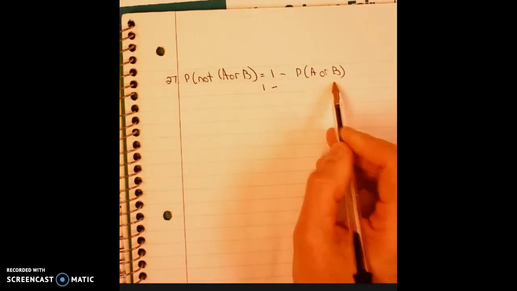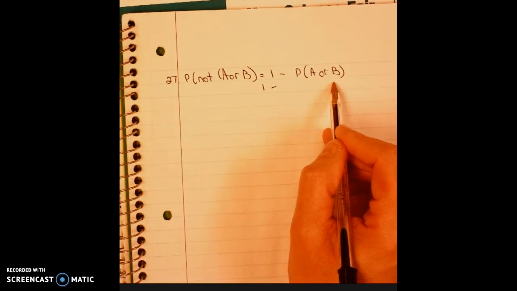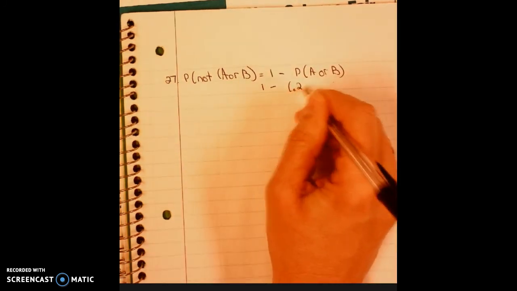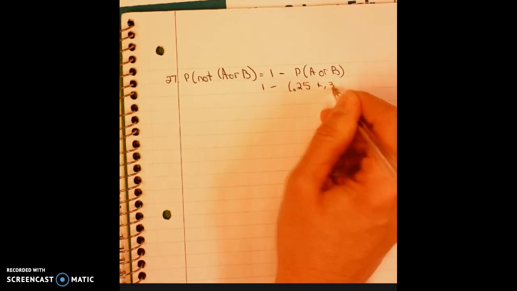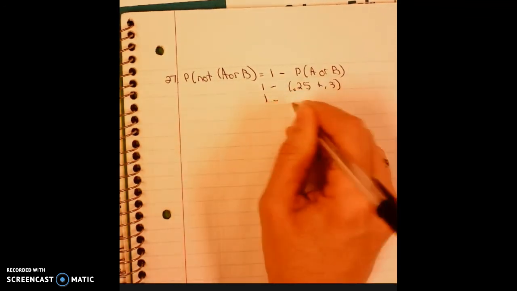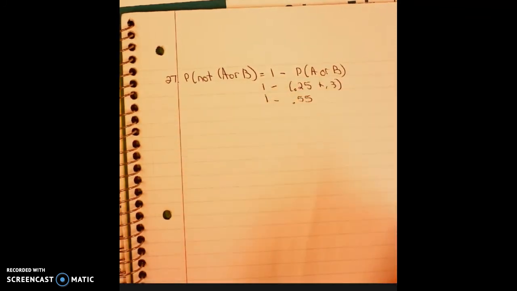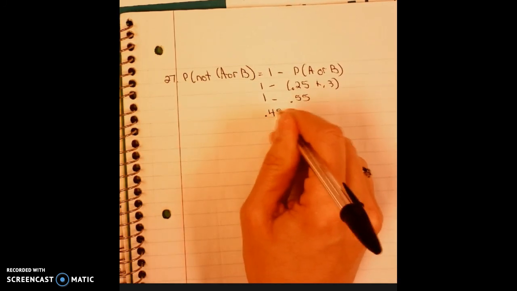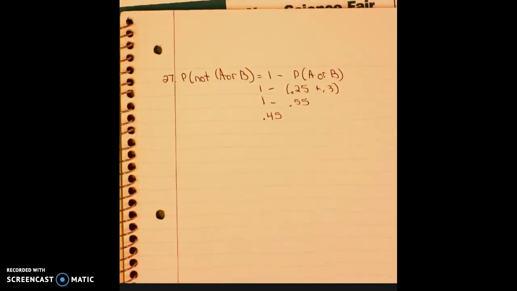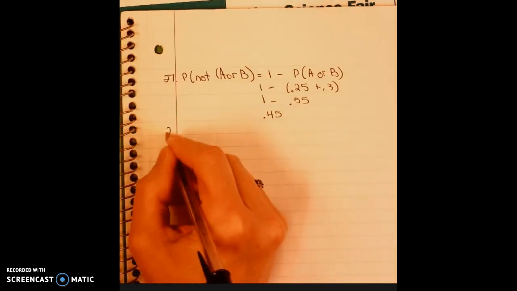So the probability of A or B, and it says they're mutually exclusive, so that would be just 0.25 plus 0.3. So when I add those together, I get 0.55. Finally, when I subtract from 1, I get 0.15.